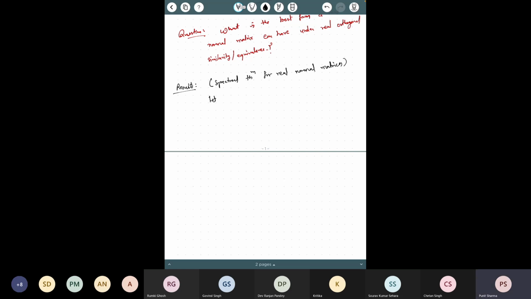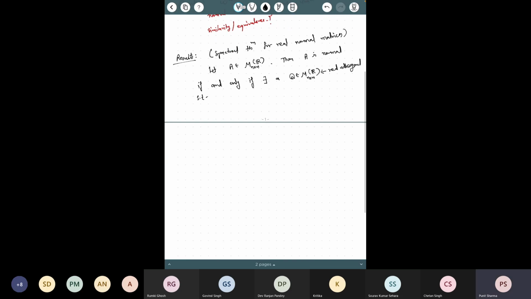So what it says is that if we have a real matrix A of size n cross n, then A is normal, that means A transpose A equals A A transpose, if and only if there exists a Q of the same size over R, which is real orthogonal, such that Q transpose AQ is block diagonal, where on the diagonal we have the blocks A1, A2, and so on up to Ak, for k greater than or equal to 1 and less than or equal to n.